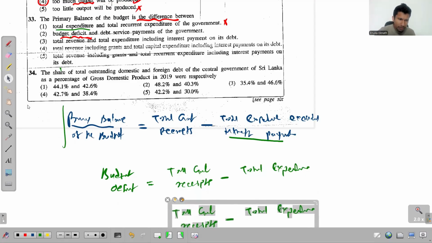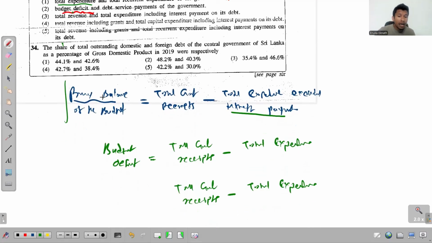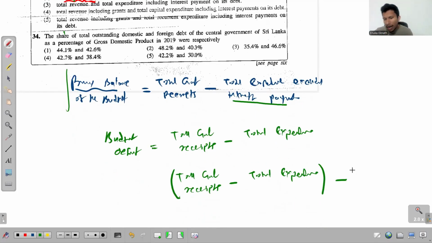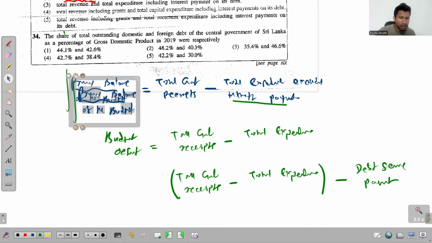From these two components, if you subtract the debt service payment, they say we receive the primary balance of the budget.